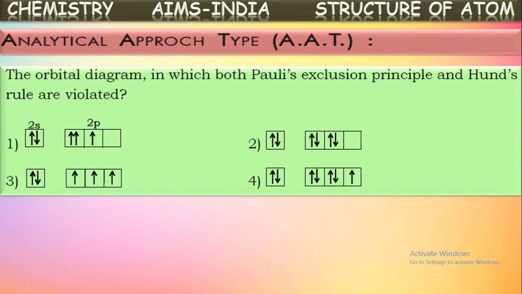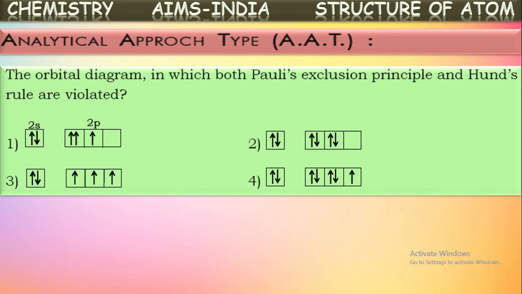Generally, orbitals with the same energy are called degenerate orbitals. So the orbitals present in a subshell have the same energy. These degenerate orbitals are first occupied with only a single electron. When all the degenerate orbitals are occupied by a single electron, then pairing will start. Okay, these two are the principles.